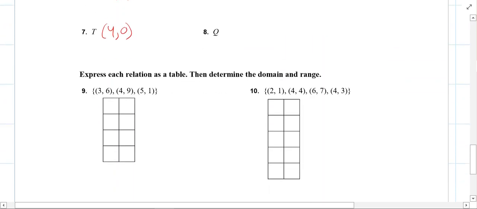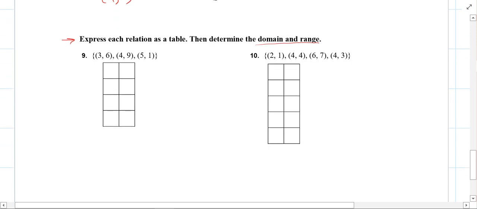Moving down, this is a new set of directions. I've noticed on some of your past work, you guys are referring to old directions. When you have a new set, and you can see this is a new set, the old directions no longer apply. So let's read these directions. Express each relation as a table. Then determine the domain and range. We learned about those. All right. So let's put these in a table.